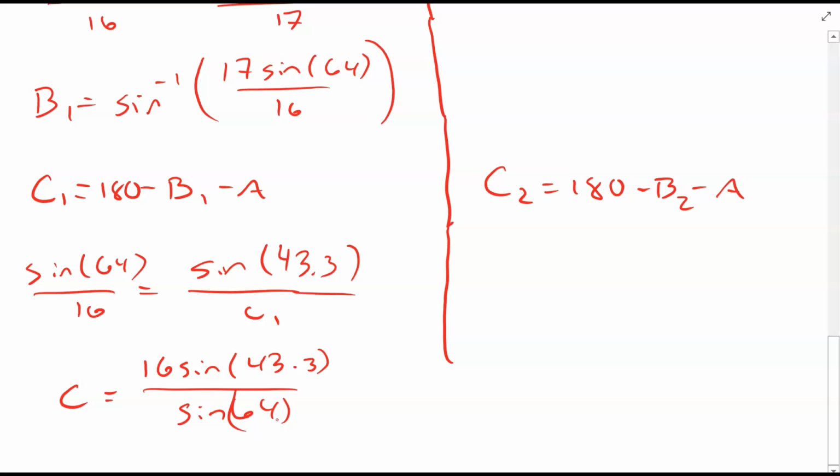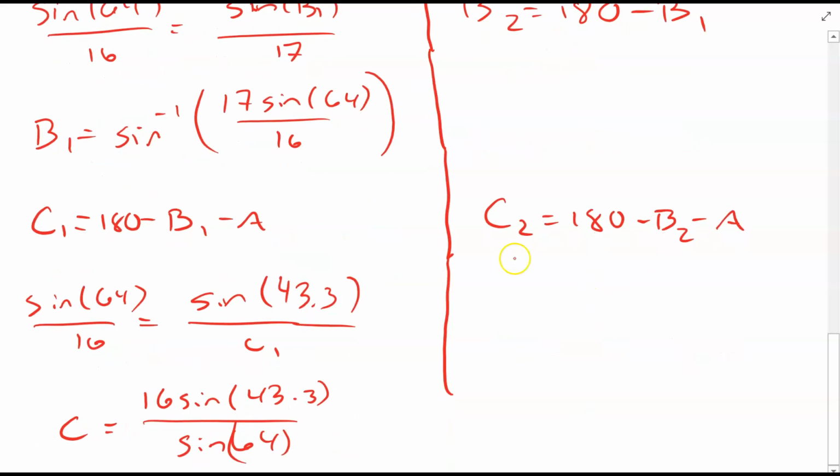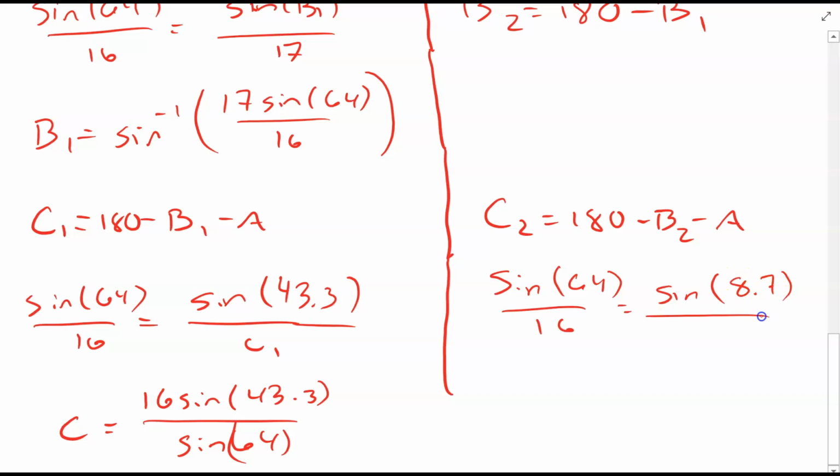And when I type that into my calculator, I'm going to get 12.2-ish. And then I'm going to repeat the same process in triangle 2. The only difference is that my angle C in triangle 2 is 8.7. Oops, that's C2.